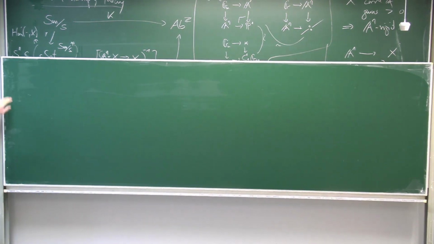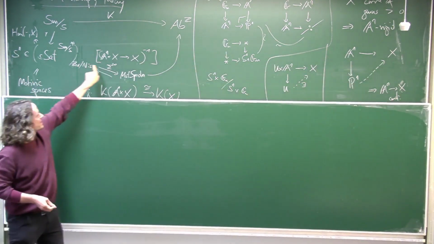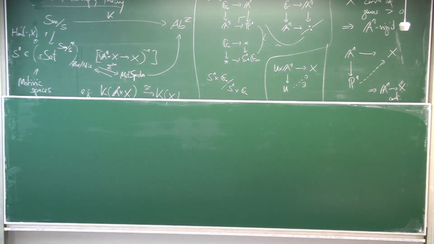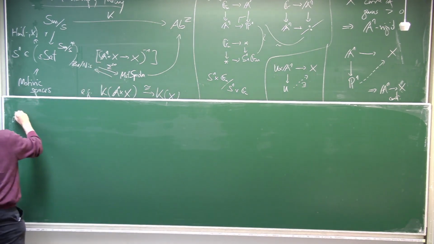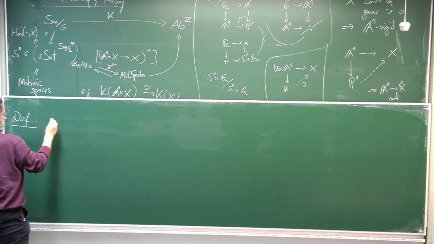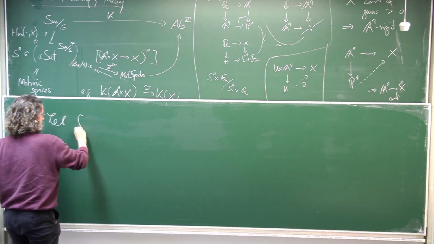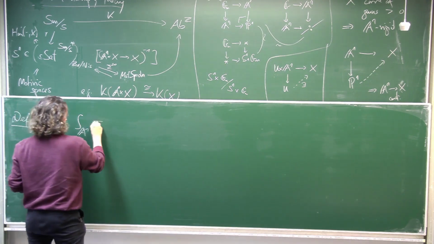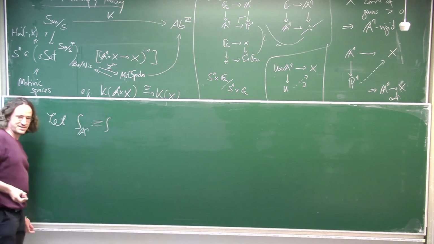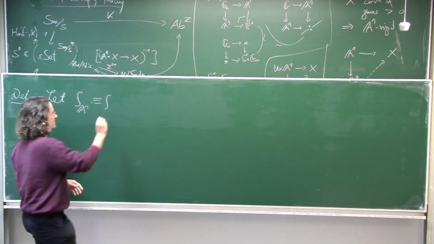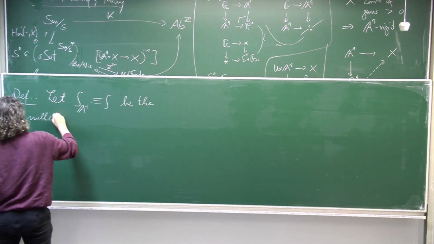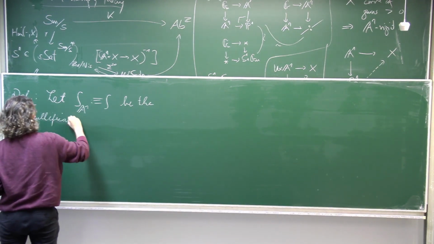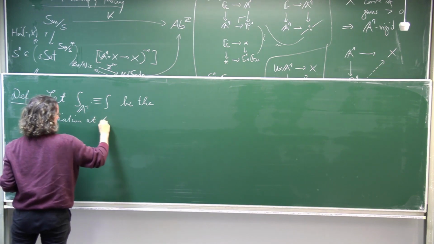So I'll start somewhere around here, this place, and define the localization at A1 as a modality. So, definition: let shape A1, or alternatively just shape for now, be the nullification at A1.